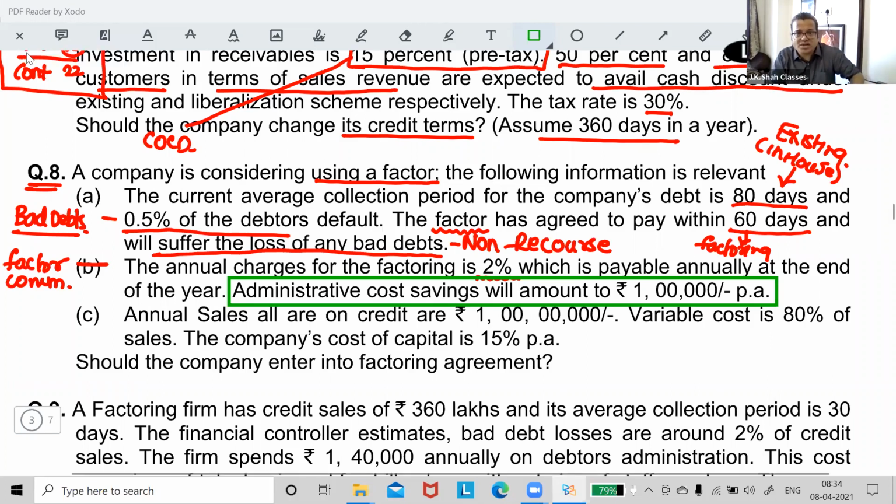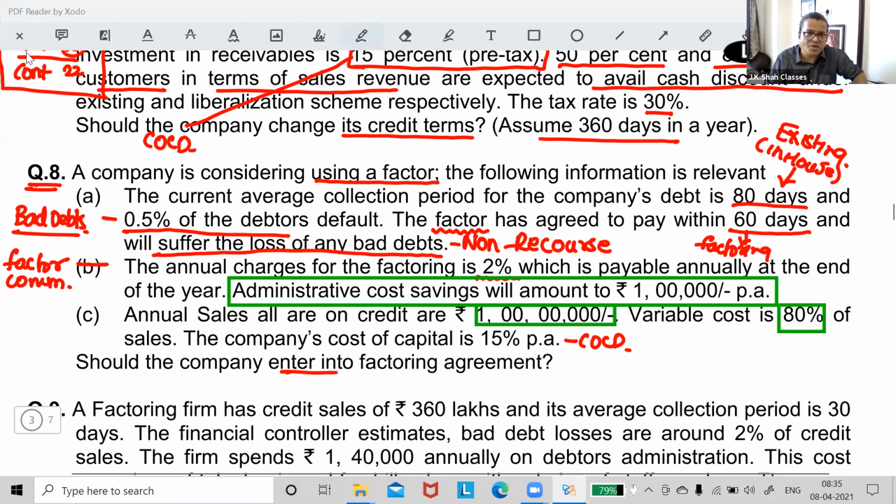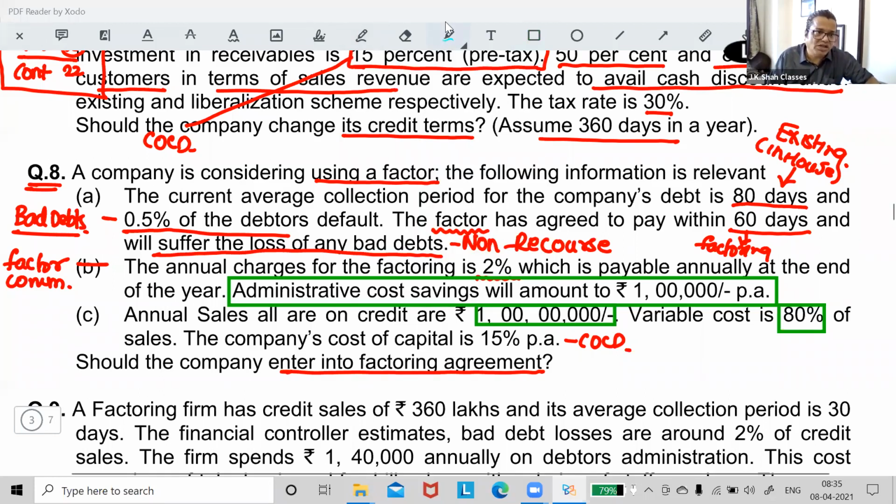Okay. Then annual sales all on credit, how much? 1 crore. Okay. And variable cost is how much percent? 80%. And the company's cost of capital is 15%. So they are pointing to cost of capital. Should the company enter into what? Factoring agreement. Okay, let me bring it to your notice, guys. Here you are only given about factor commission.